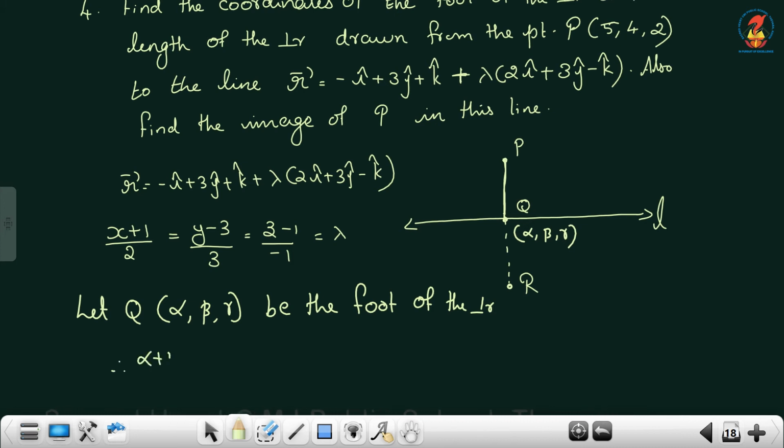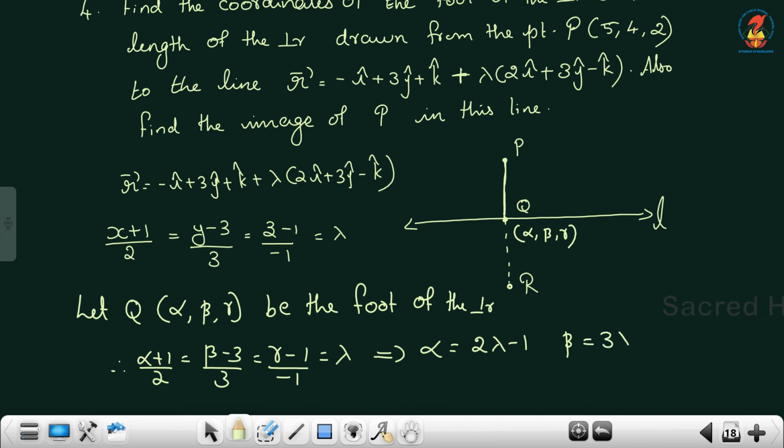Therefore, (alpha plus 1) by 2 is equal to (beta minus 3) by 3 is equal to (gamma minus 1) by minus 1 is equal to lambda. Which implies alpha is 2 lambda minus 1, beta is equal to 3 lambda plus 3, and gamma is equal to minus lambda plus 1. So we get the coordinates of Q in terms of lambda.